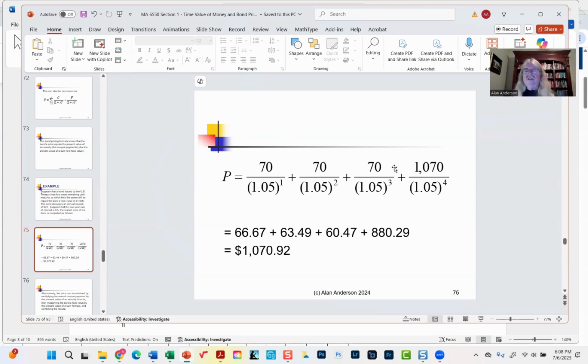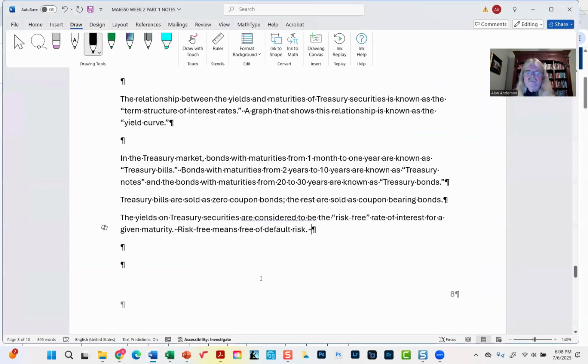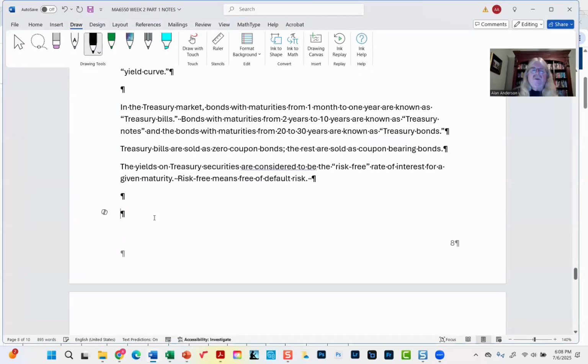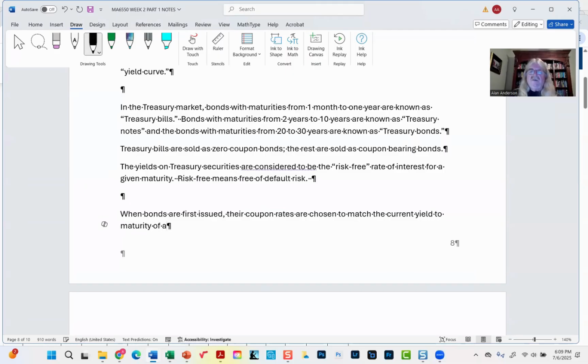Now, here's another interesting twist. When bonds are first issued, their coupon rates are chosen to match the current yield to maturity of a bond.